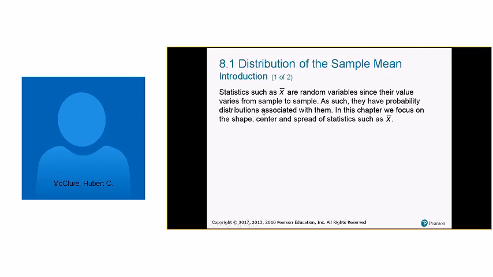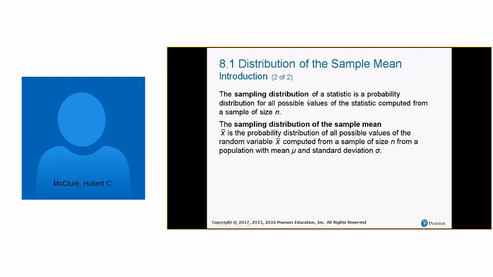Okay, you don't have to write that down. Sampling distribution of a statistic is a probability distribution for all possible values of the statistic computed from the sample size n. A sampling distribution of the sample mean, X bar, is the probability distribution of the possible values.